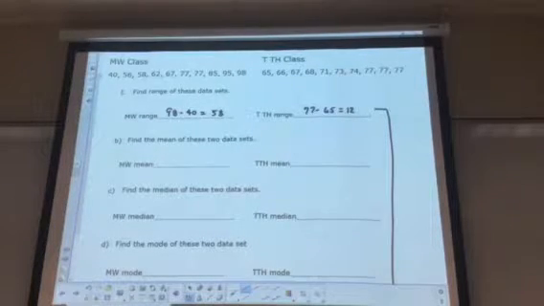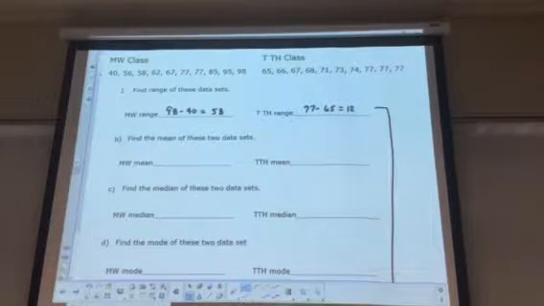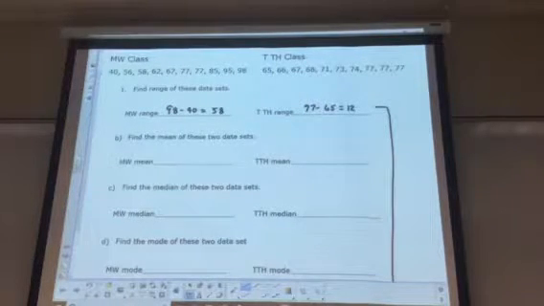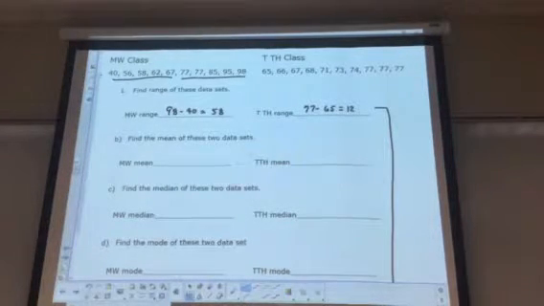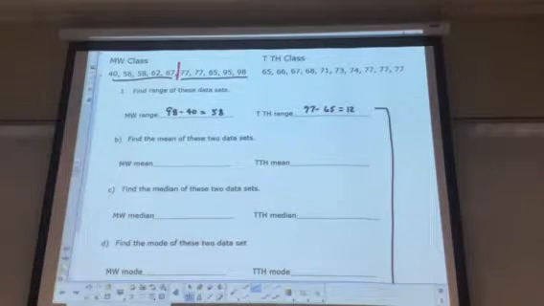What else is easy to get without having to use the calculator? Median. Median, because it looks for what kind of a split? Half and half, 50-50. So I got 10 data items, 1, 2, 3, 4, 5, 1, 2, 3, 4, 5. Wouldn't that make my median value fall right between 67 and 77?